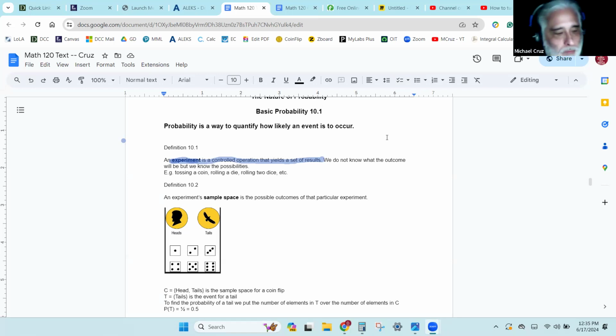Now, we don't know when we flip that coin what side is going to come up. But we do know that one or the other of the two sides will come up. That's how probability works. We know how many winners there are amongst the sea of total outcomes. That's what probability is, finding out how likely something is to happen.